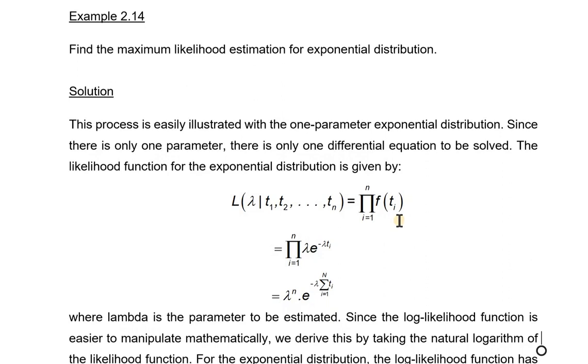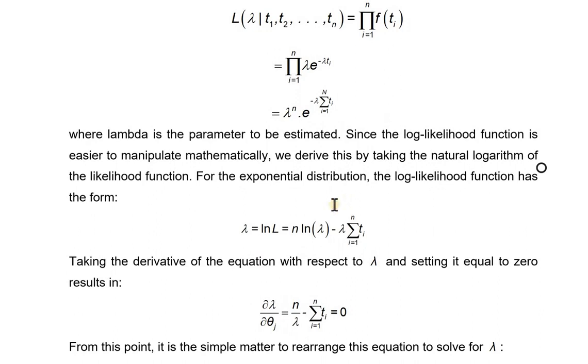We replace the PDF f(t) according to the exponential distribution, which is given by lambda times the exponent to the power of negative lambda t_i. We multiply this from the first data, i equal to 1, until n, so we have complete n sample data. From this, we obtain the product, which is lambda to the power of n times the exponent of negative lambda times the total t.